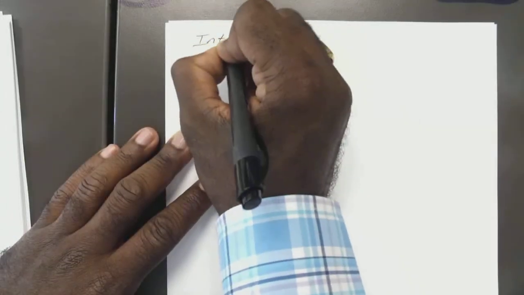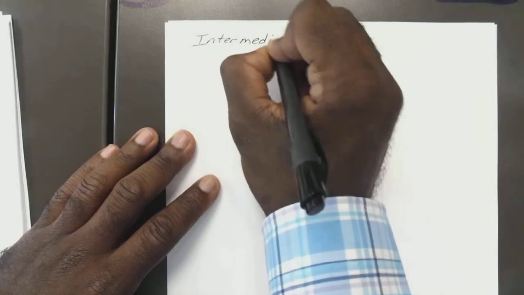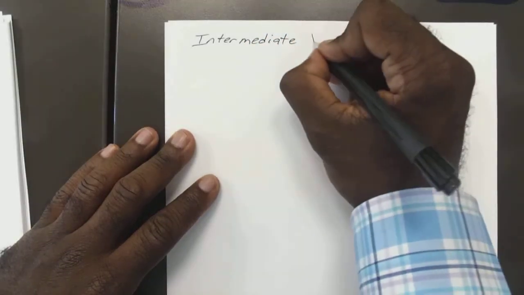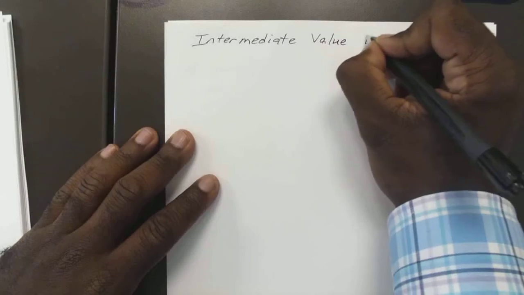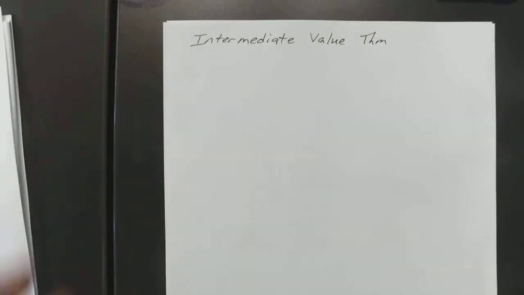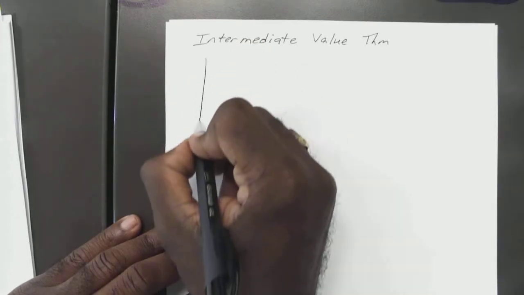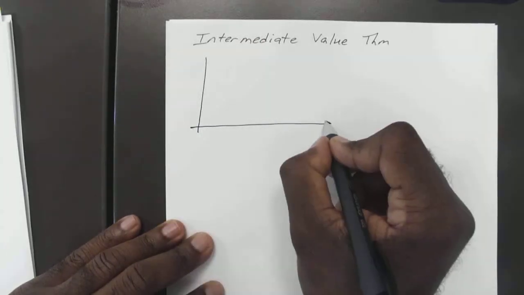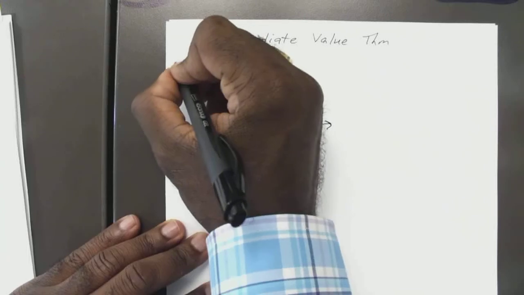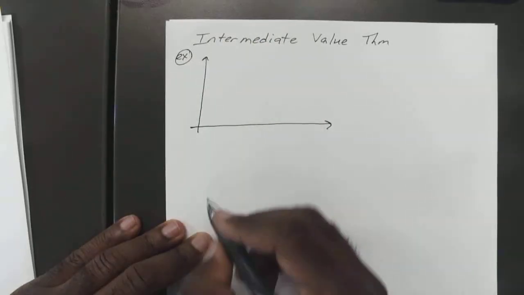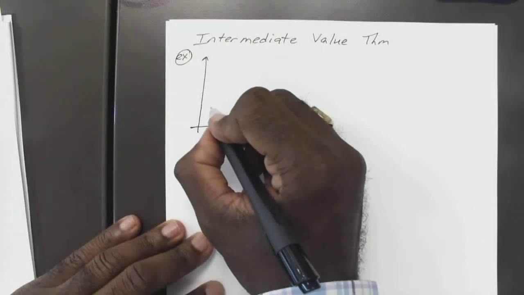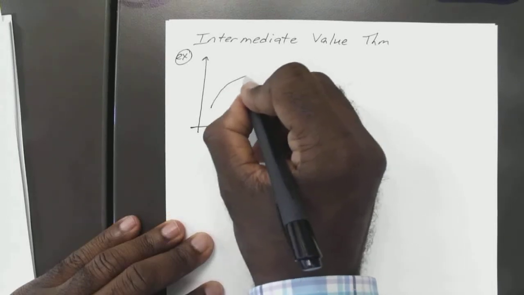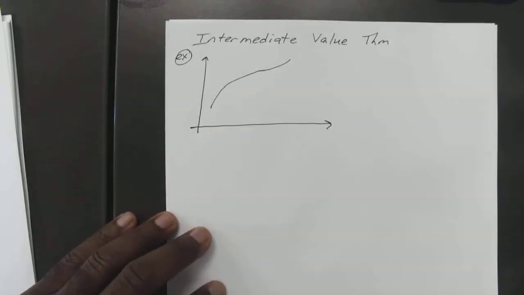Okay. So now we're going to talk about the intermediate value theorem. Just drawing it out on a graph, I'll give you kind of an example of it. Let's say you have some graph there.